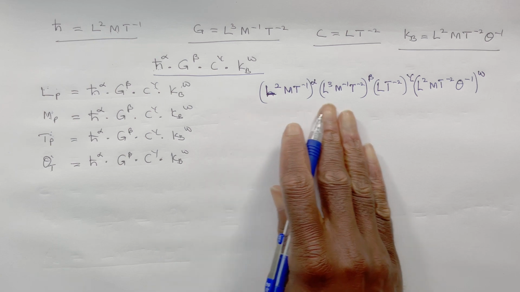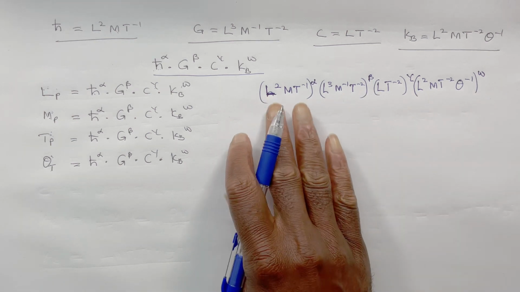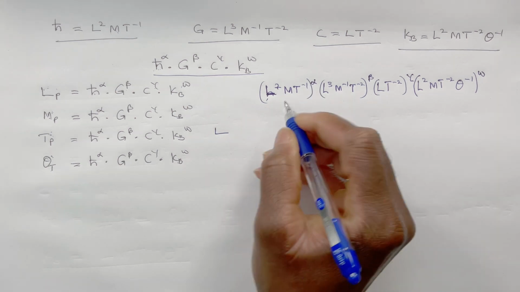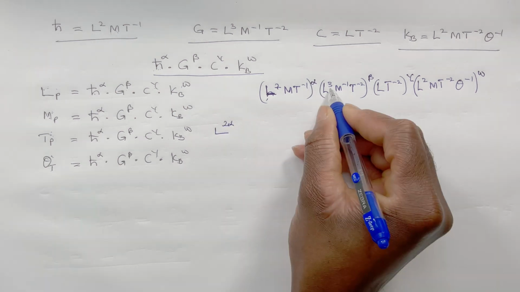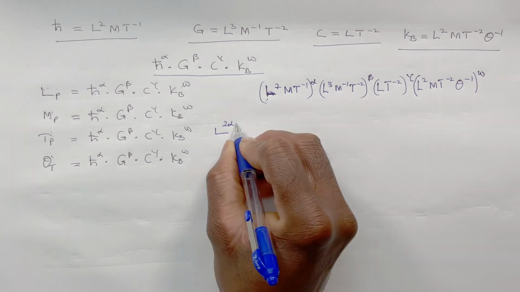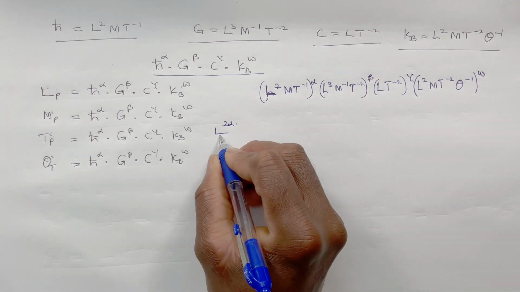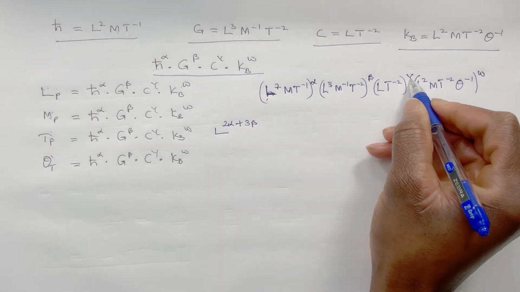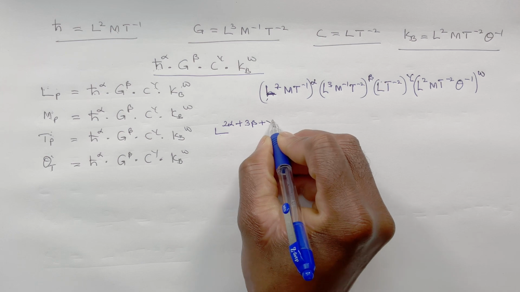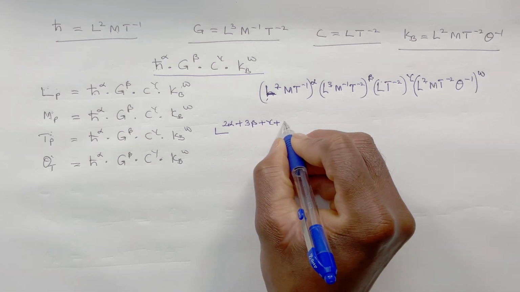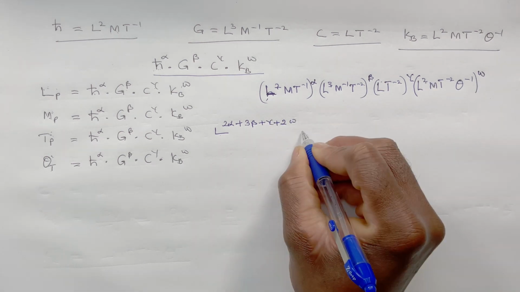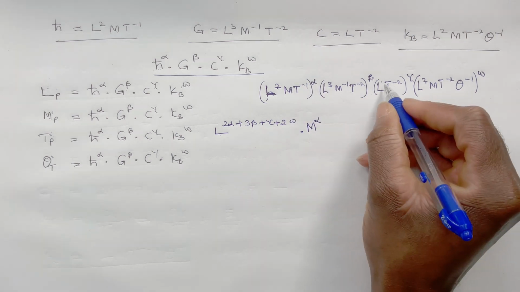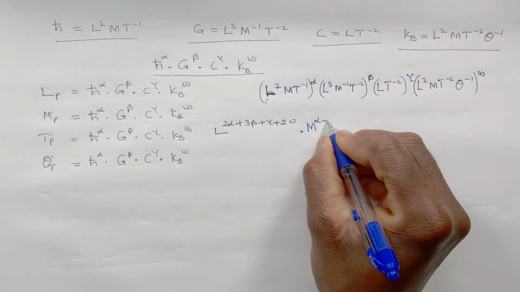What I can do is expand this out and collect all the like terms for L. So for L, alpha times 2, that's 2 alpha, and beta times 3. We add them together, by the way, because multiplying the same base, you add the powers. So that'll be plus 3 beta, plus gamma times 1, plus omega times 2, which is 2 omega. That's L. And then for M, alpha times 1 is alpha, and beta times minus 1 is minus beta.